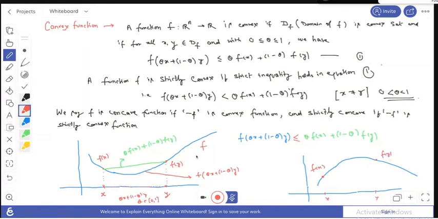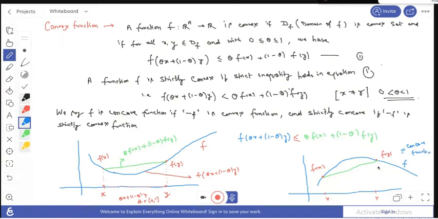Okay, and if we join these 2 points by a straight line, and if this line is below the curve, and f is your function, so this means this f is a concave function.